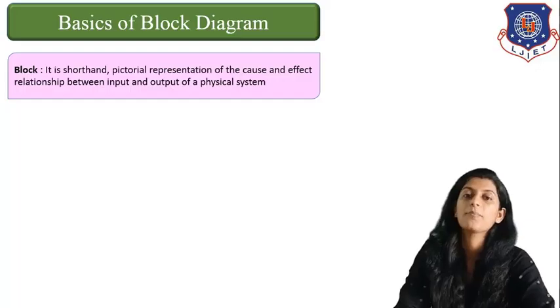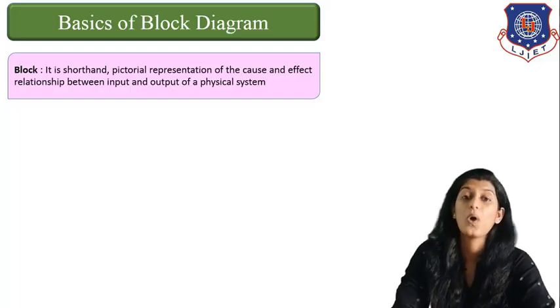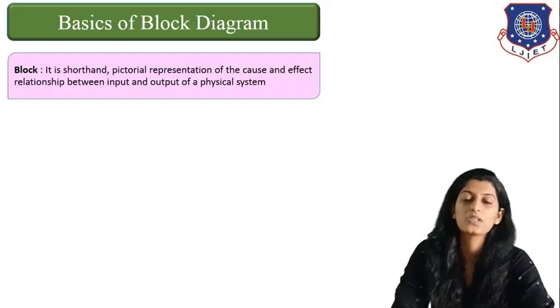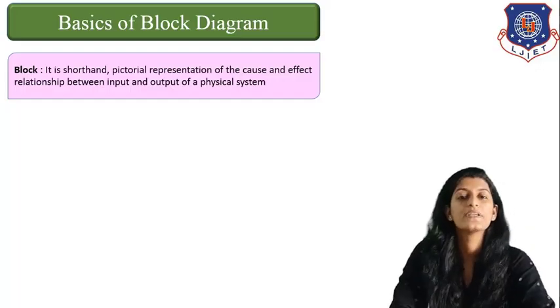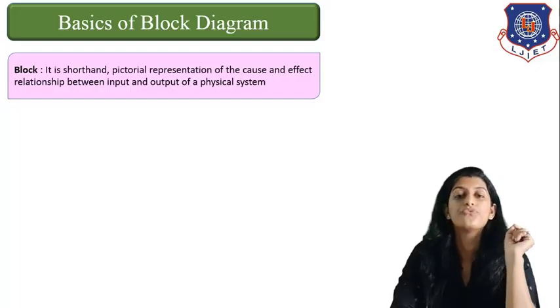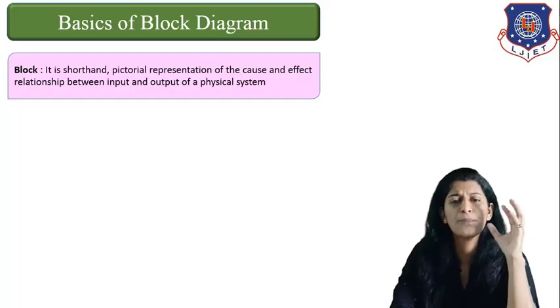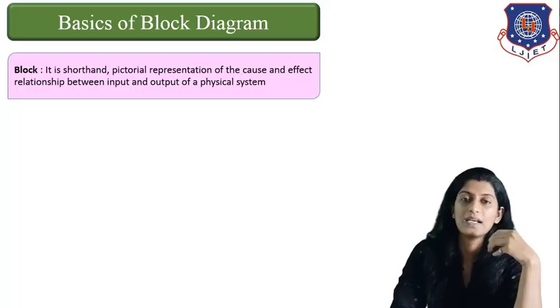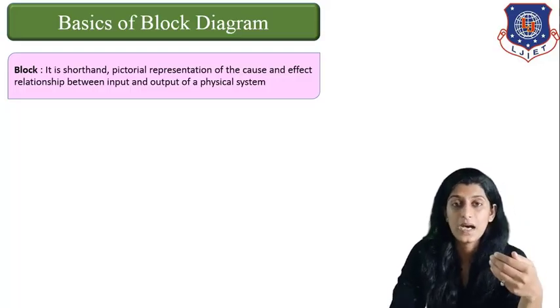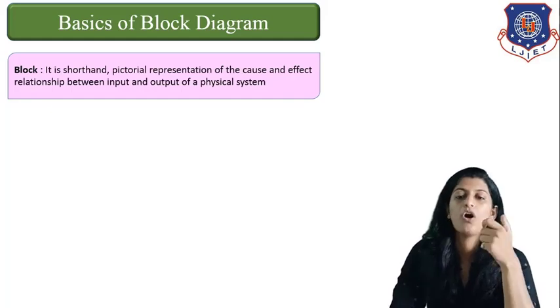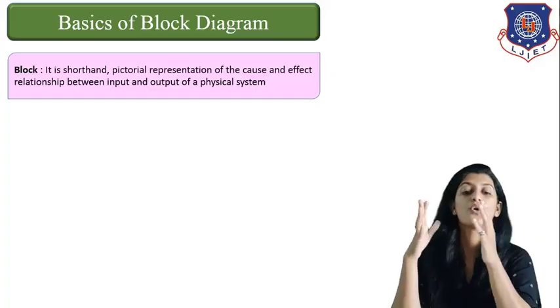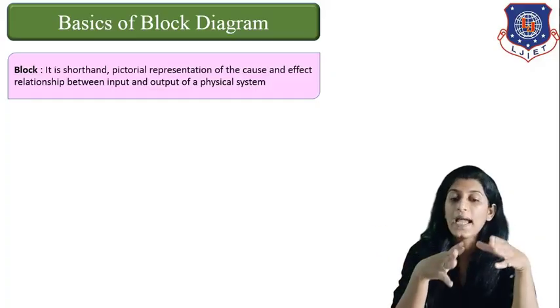Whenever we are talking about control system, it is essential to know the basic definitions or terminologies being used. The first and foremost important terminology is the block, or simply the block diagram. What do we mean by block diagram?